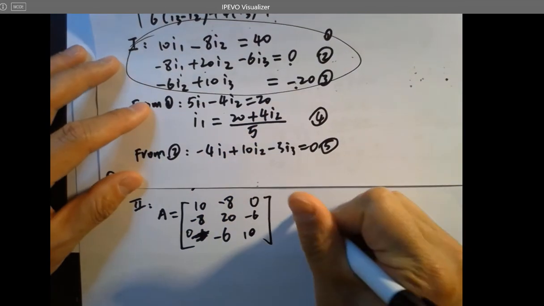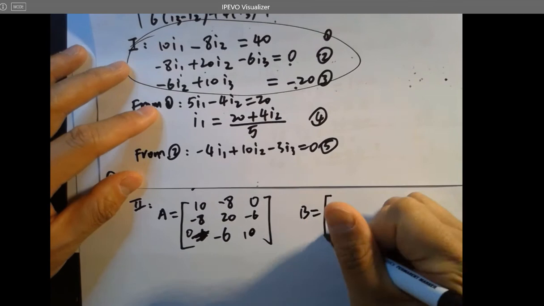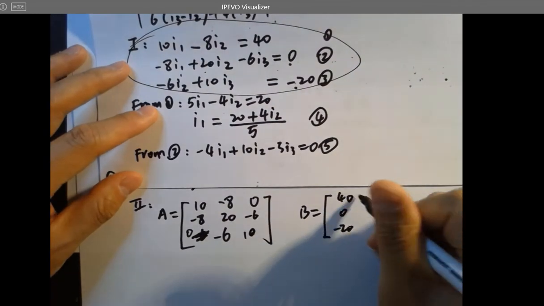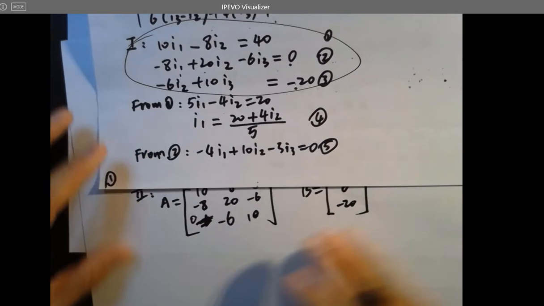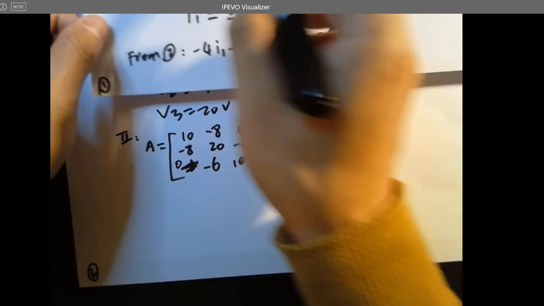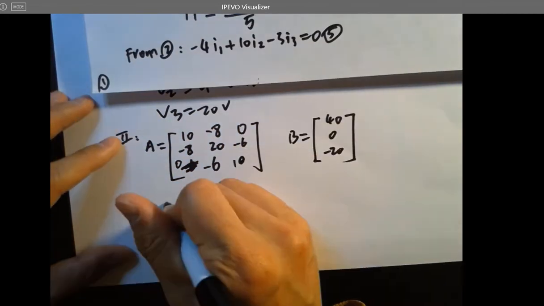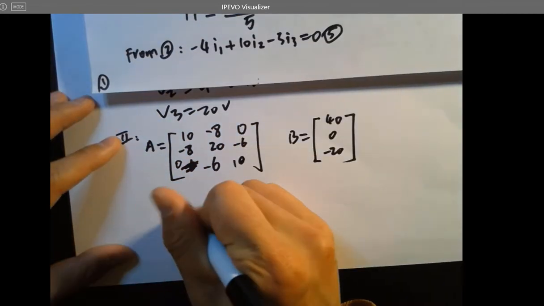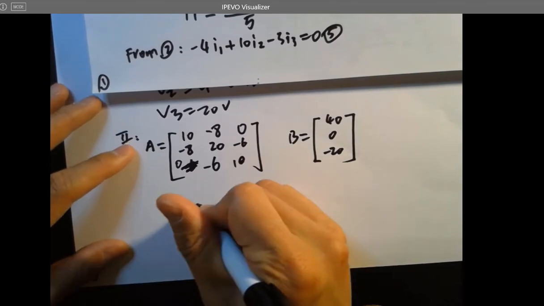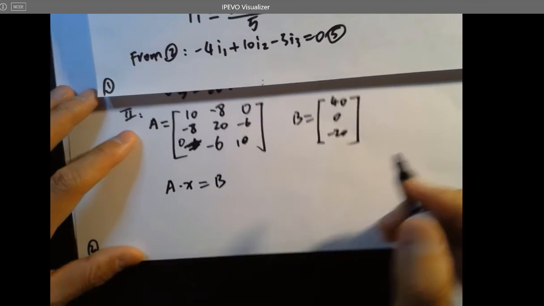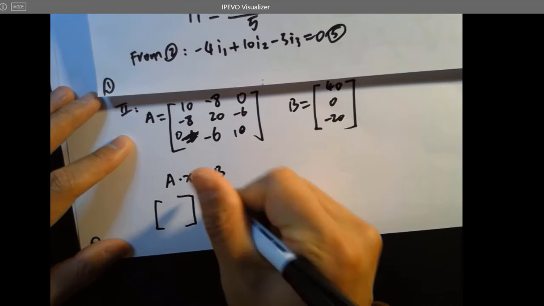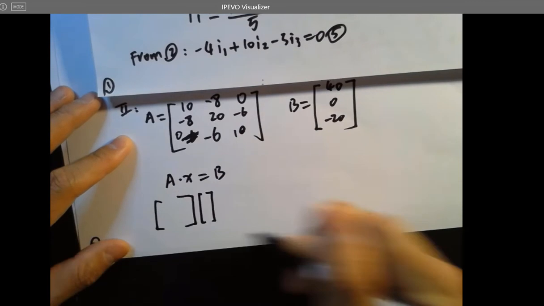And also you need a matrix B, which is a constant matrix on the right-hand side, which is 40, 0, and minus 20. And now what we need to do, because the left side of the equation can be represented by A times X, where X is a current column matrix, equals B. So A is a square matrix, and X is a column matrix.